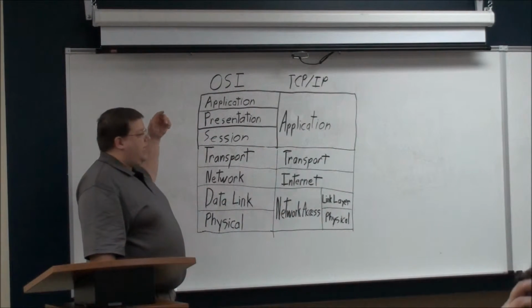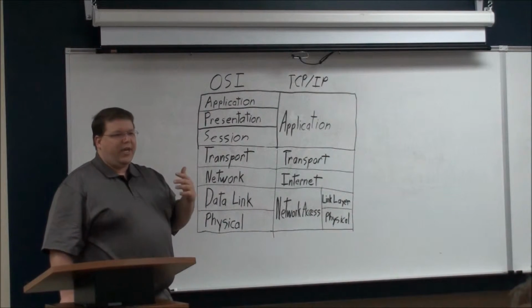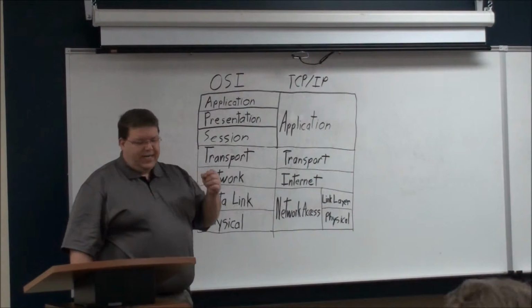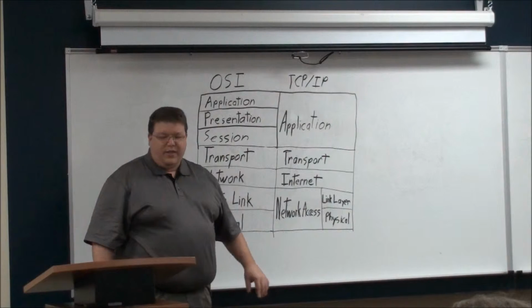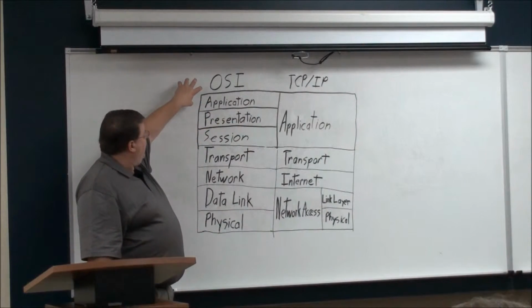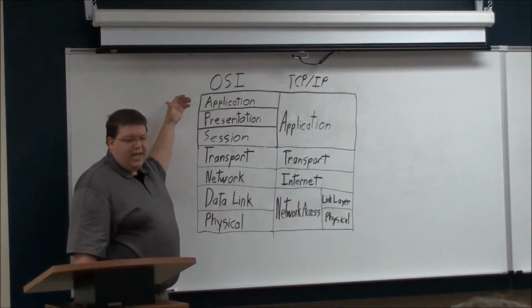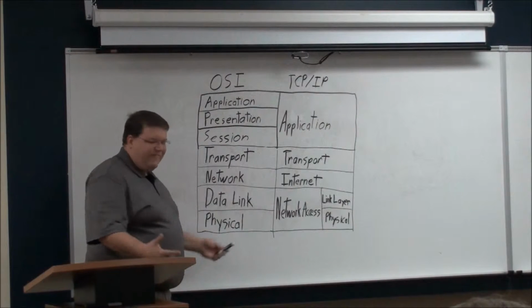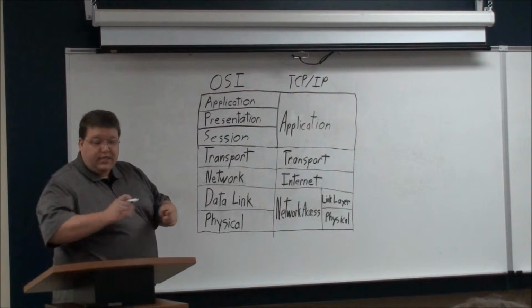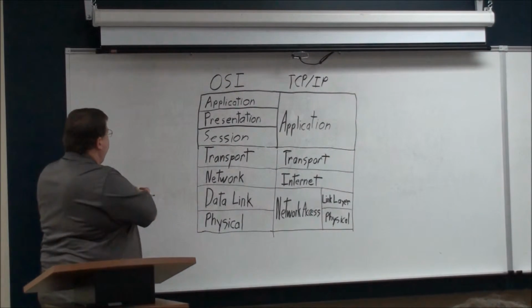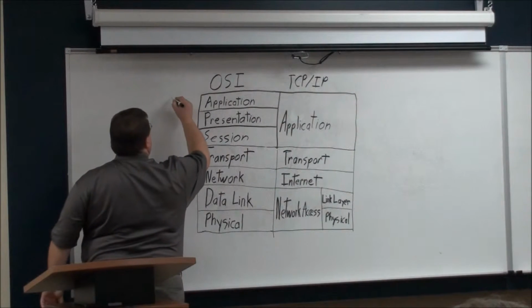Now, when a computer communicates to somebody else across the network, we start out up here in the application layer, and we have, like, Internet Explorer in the application layer.